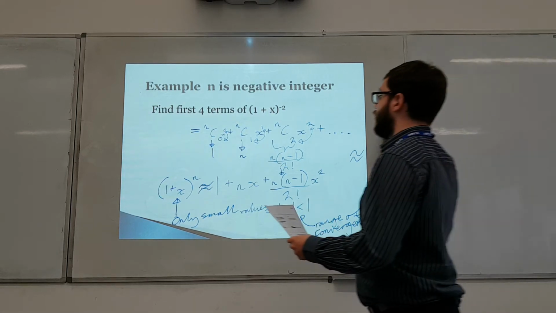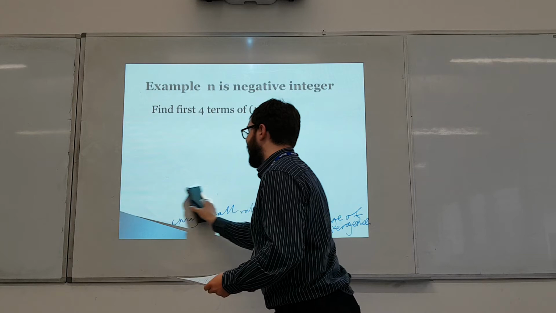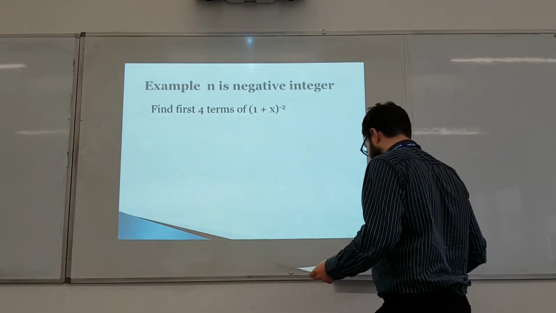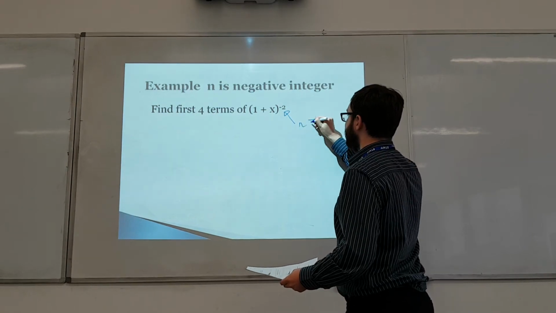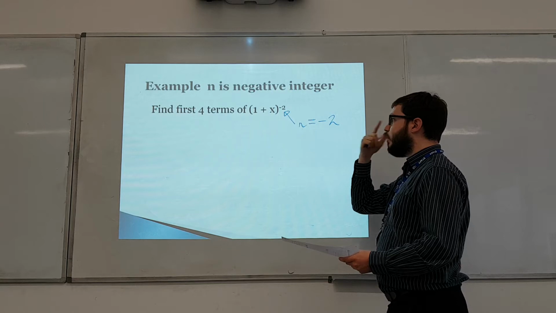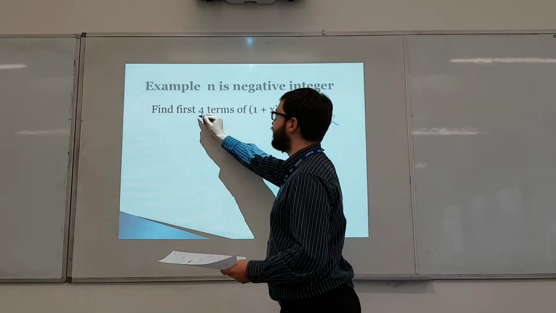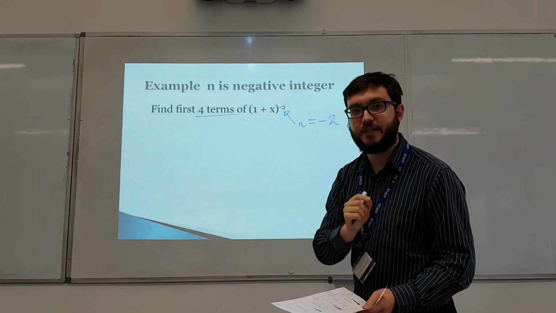So, to find the first four terms of 1 plus x to the power of negative 2, the first thing to point out is that n equals negative 2. So, with that in mind, I can find the first four terms using the general binomial theorem.